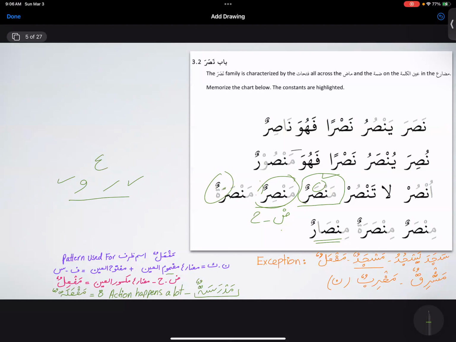So madrasatun, even matba'atun. What is matba'a? Taba'a, or we say taba'at. Printing. Printing press.